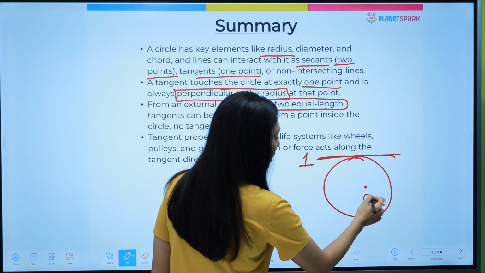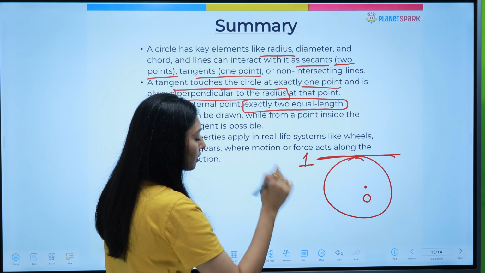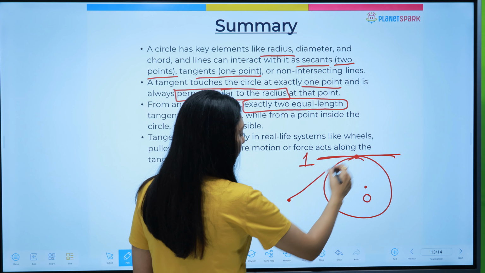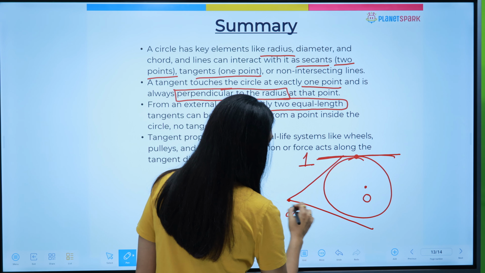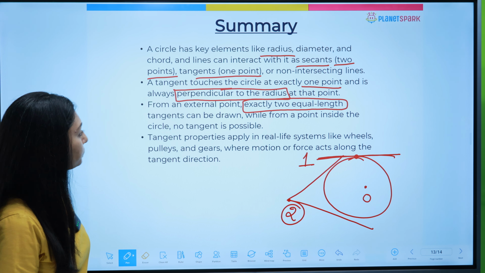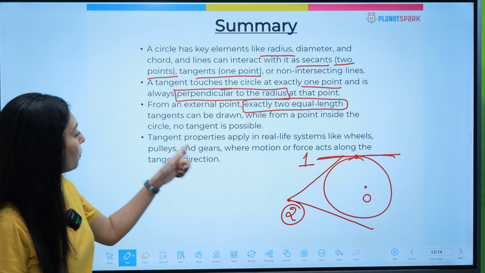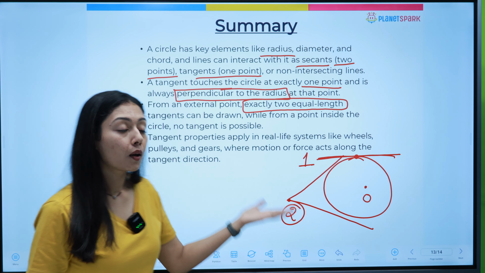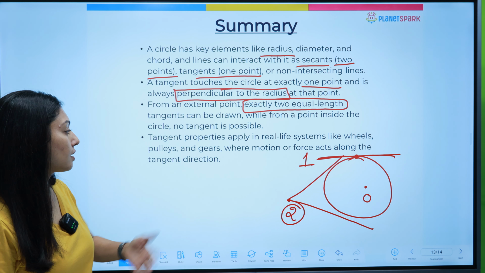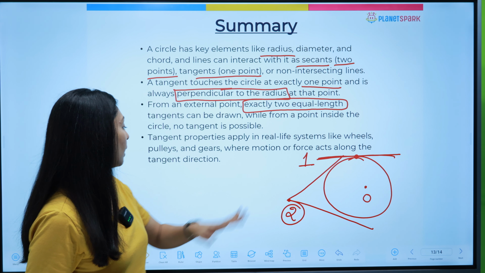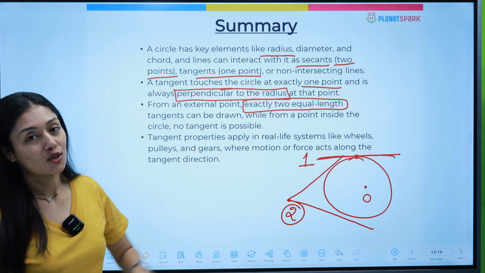So 0 inside, 1 if it's on the circle, and if it is outside the circle, then we can draw 2 tangents from there. Remember this everybody. Next, tangent properties apply in real life systems like wheels, pulleys, gears, and where motion or force acts along the tangent direction.